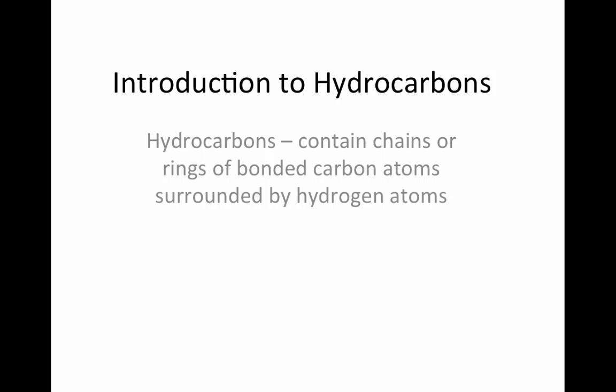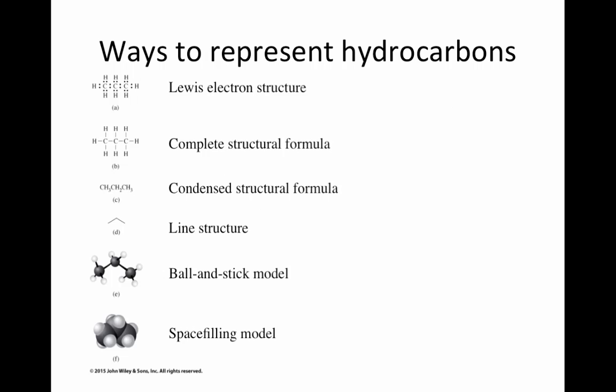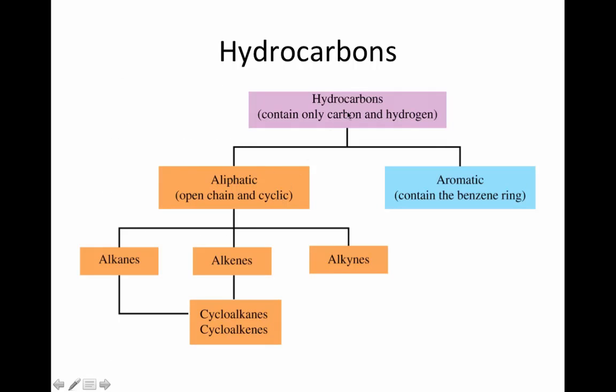Hydrocarbons contain hydrogens and carbons, and there are various ways to represent those hydrocarbons. The most common that we're going to see are the complete structural formula, the condensed, and the line, and sometimes the skeleton with just the C's. Hydrocarbons can be broken down into 2 groups.